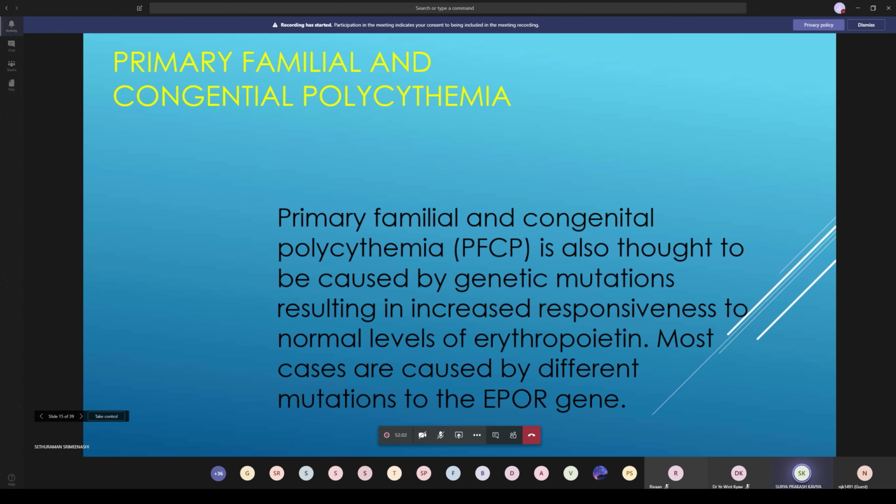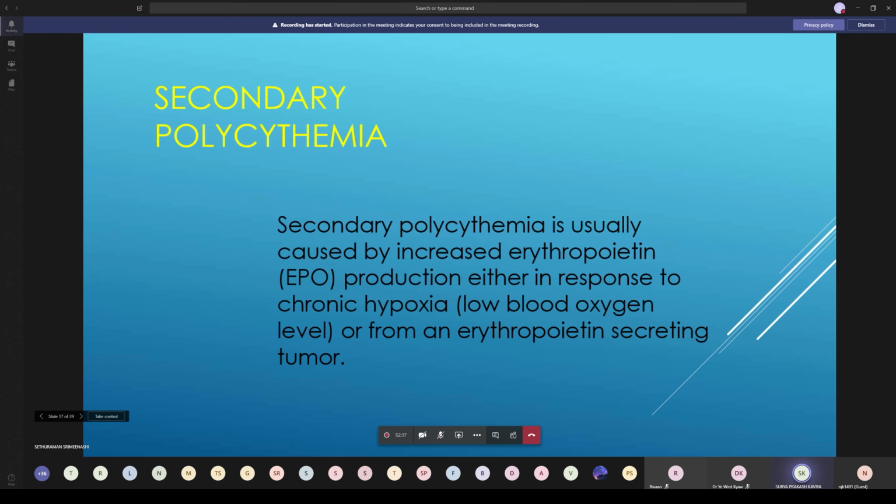Next, primary, familial, and congenital polycythemia. It is mainly caused by genetic mutations, increased responsiveness to normal levels of erythropoietin. Next is about secondary polycythemia.